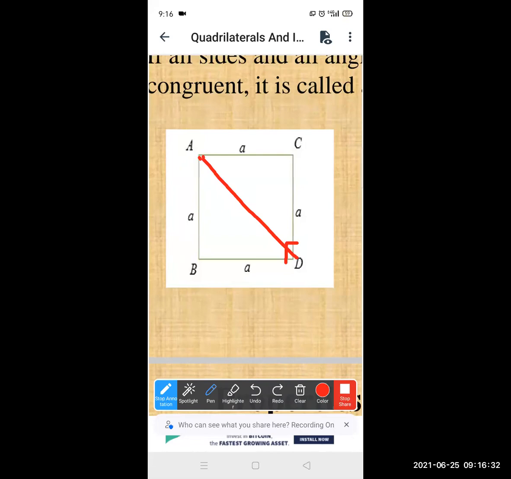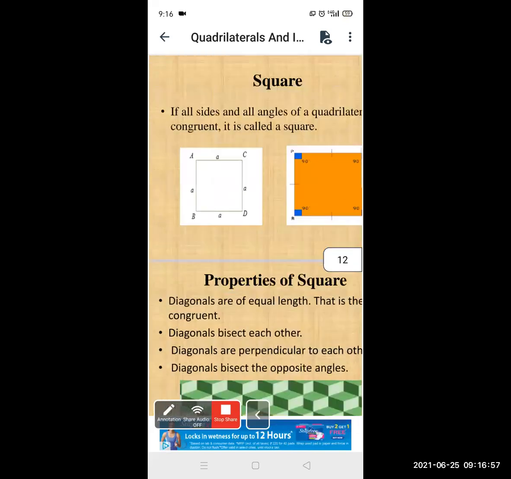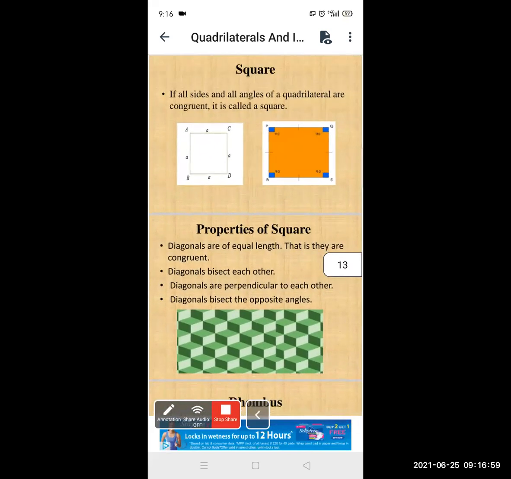So if this diagonal AD is there, at point D it is a right angle, then it divides the remaining two parts into 45 degrees and 45 degrees, like this. Both the angles will become 45 degrees. So here the property is that the diagonals bisect each other.